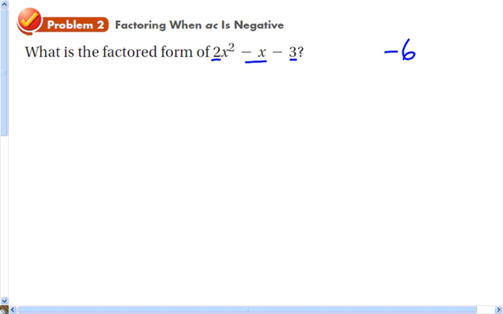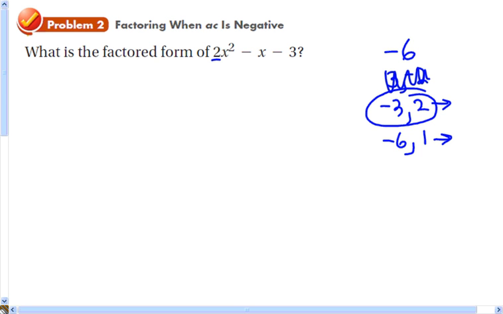So we are going to try and think of numbers that have a product of -6, like 3 and -2, or -3 and 2. Actually, we don't even need to think about this because we need a negative sum, so we need the negative factor to have a greater absolute value than the positive factor. And so our other choice would be -6 and 1. And just think about that, which of these have a sum of -1?